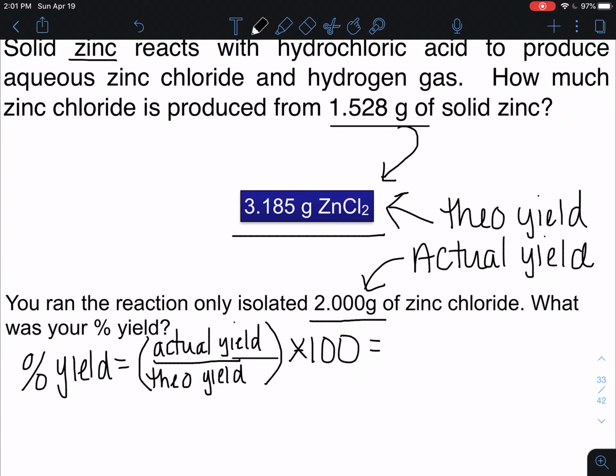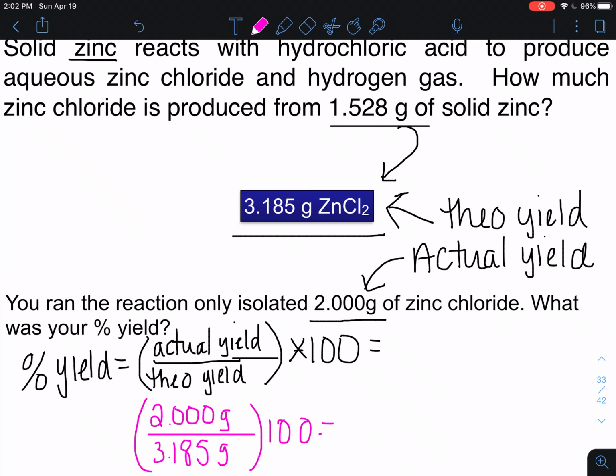All right, so since our actual yield was 2 grams, our theoretical yield was 3.185 grams. Take the ratio of the 2 and multiply it by 100.